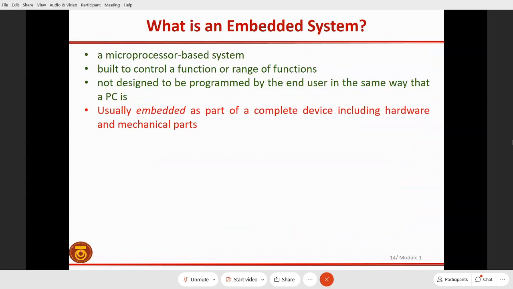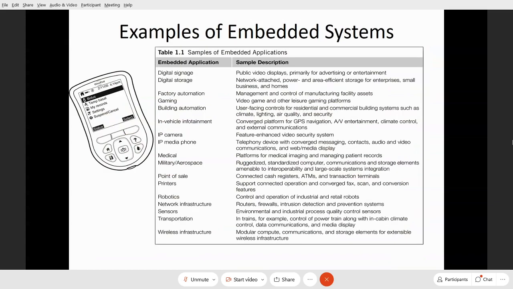Again, this is what I've told you about the embedded system. These are just other samples of embedded systems. You can see in your phone alone, there are numerous embedded applications.